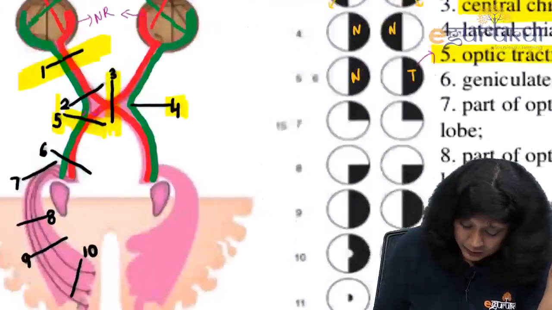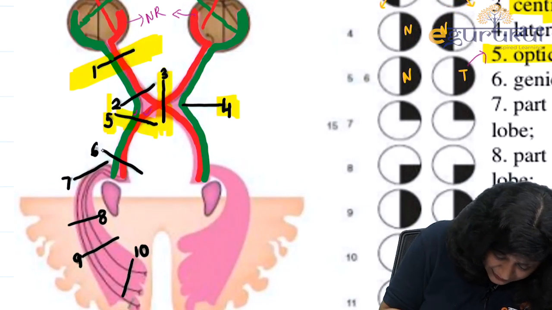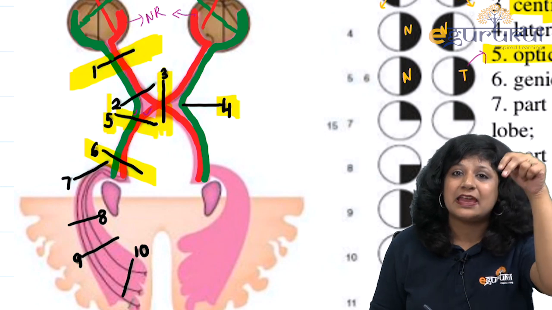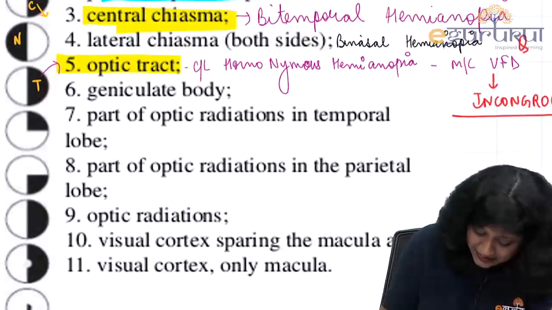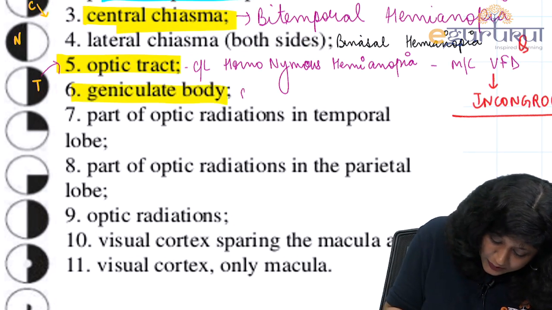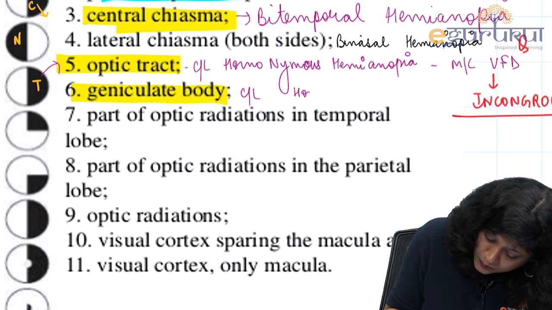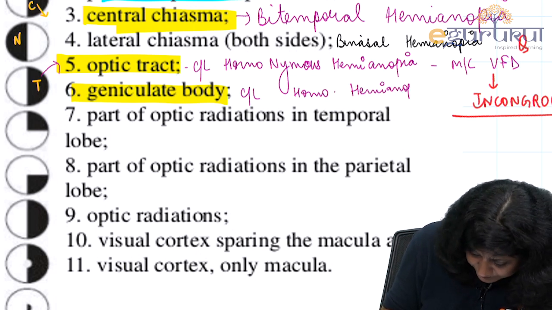Now next you come to the lateral geniculate body. If you see the lateral geniculate body, it has the same representation as that of the optic tract. So I am going to get the same thing in this lateral geniculate body also, that is your contralateral homonymous hemianopia. That is not a problem.